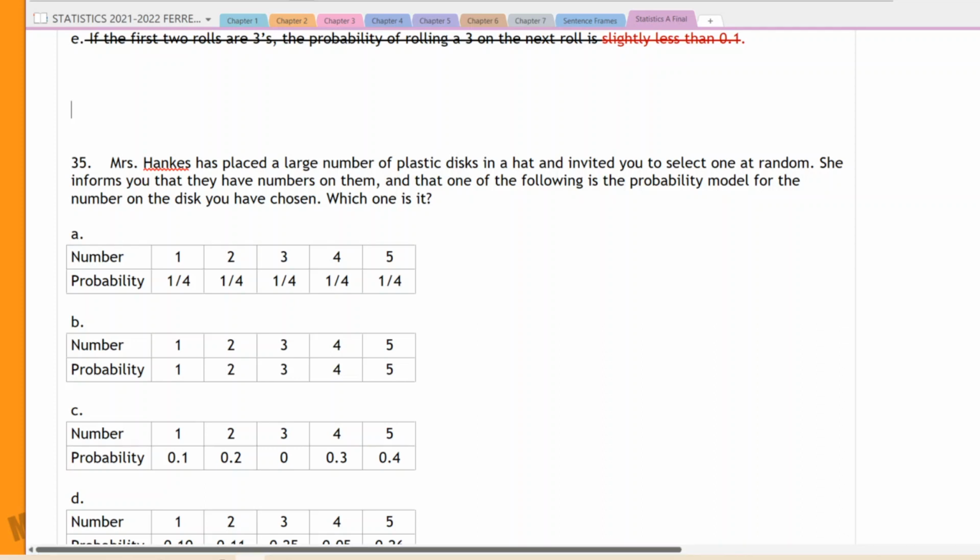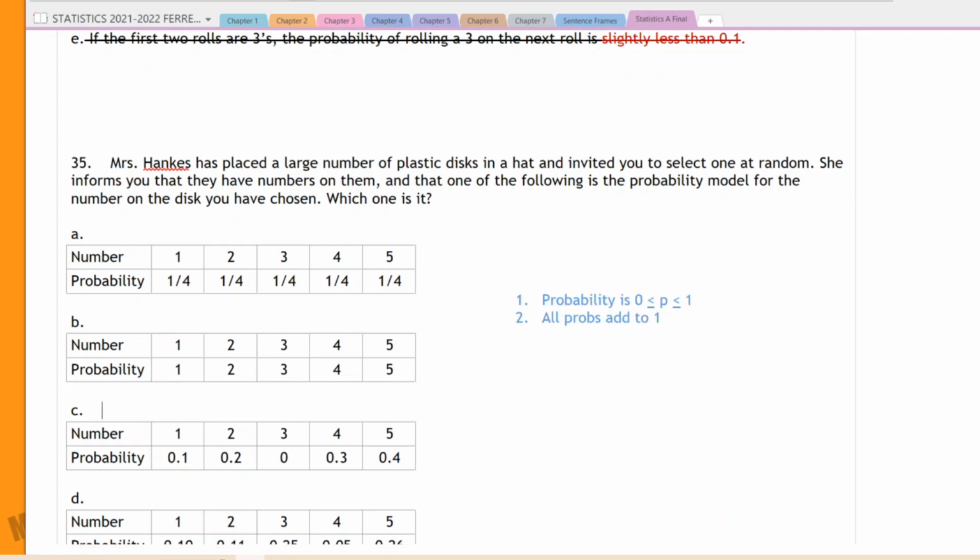Okay, for this one, let's remember how probability models work. In a probability model, every probability needs to be between 0 and 1. They can be 0 and they can be 1, but they have to be in this set of numbers. And finally, if we add all the probabilities together, they should add to 1.